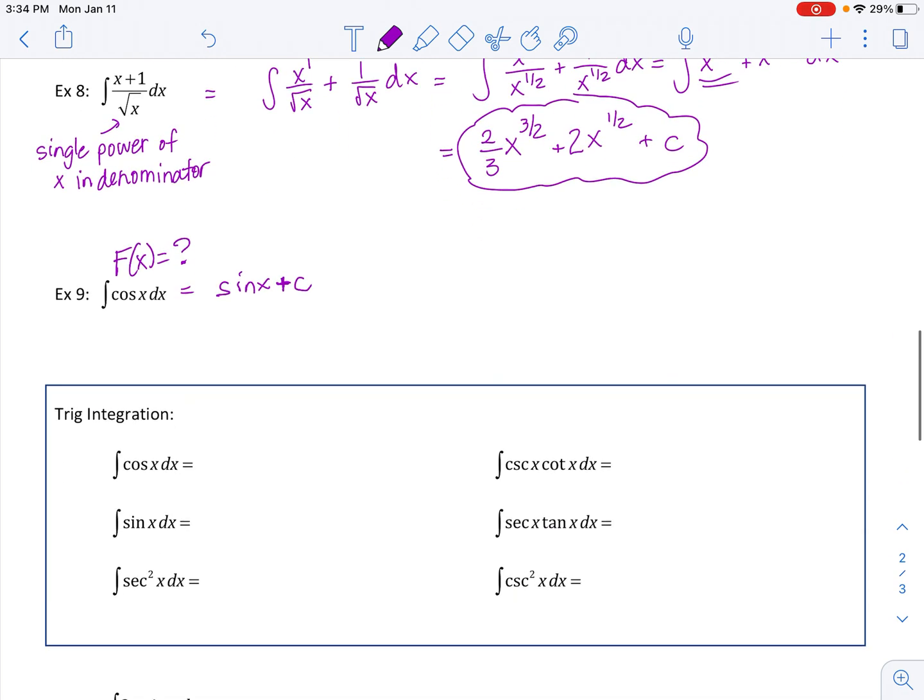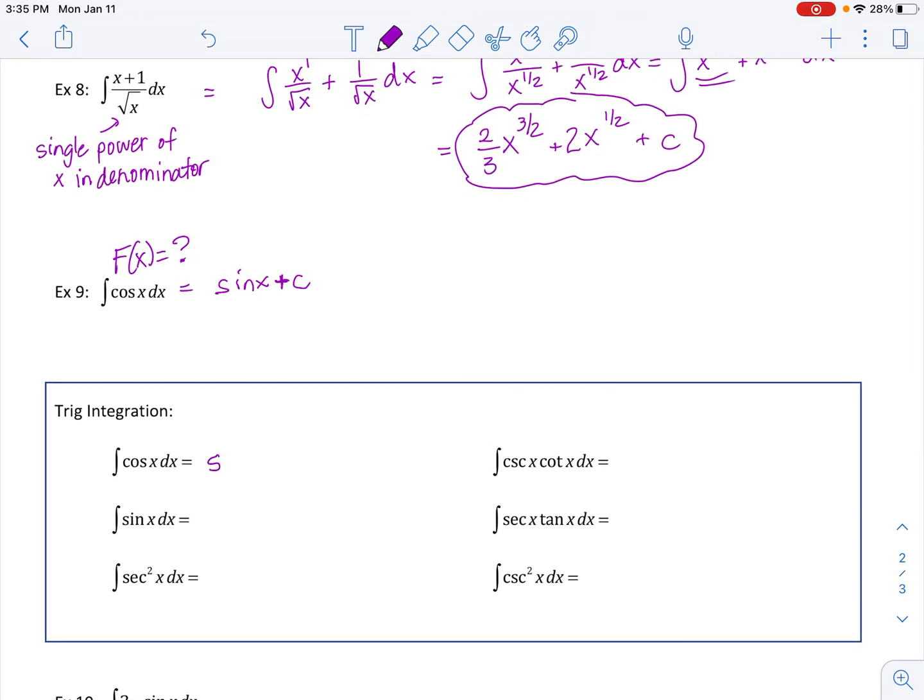This box here is a series of the 6 trig integrals that you know. You'll notice that tangent, you don't know how to integrate tangent. We won't learn that until later in chapter 5. So for right now in chapter 4, only the 6 derivatives that we had in unit 2 are able to be integrated.